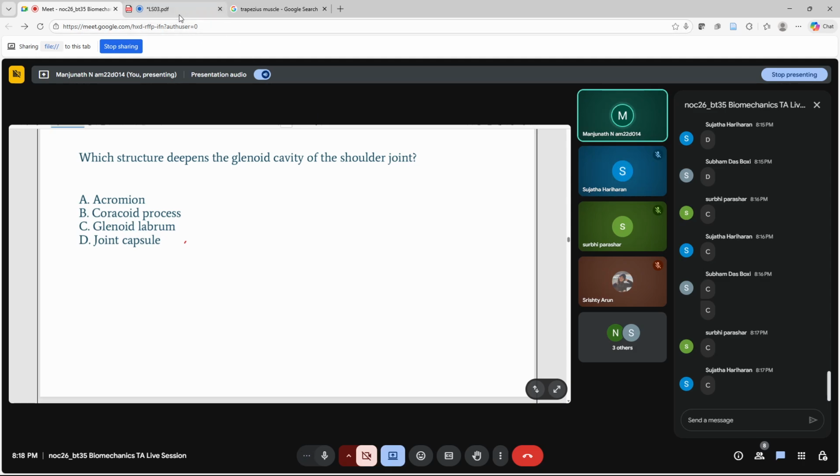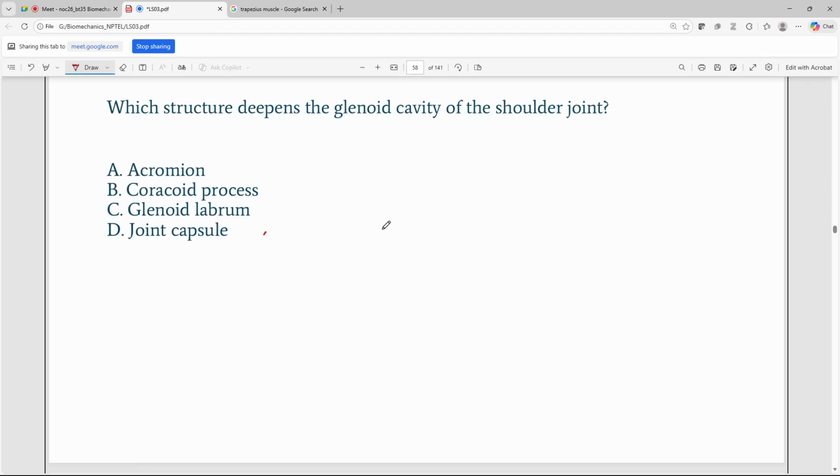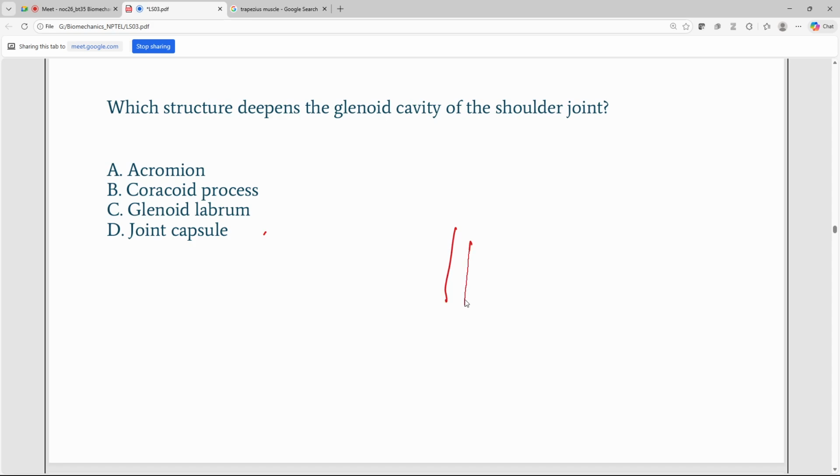Yes, the answer is glenoid labrum. If you remember, suppose this is the humerus bone, and this is the head of humerus bone coming into this glenoid cavity.